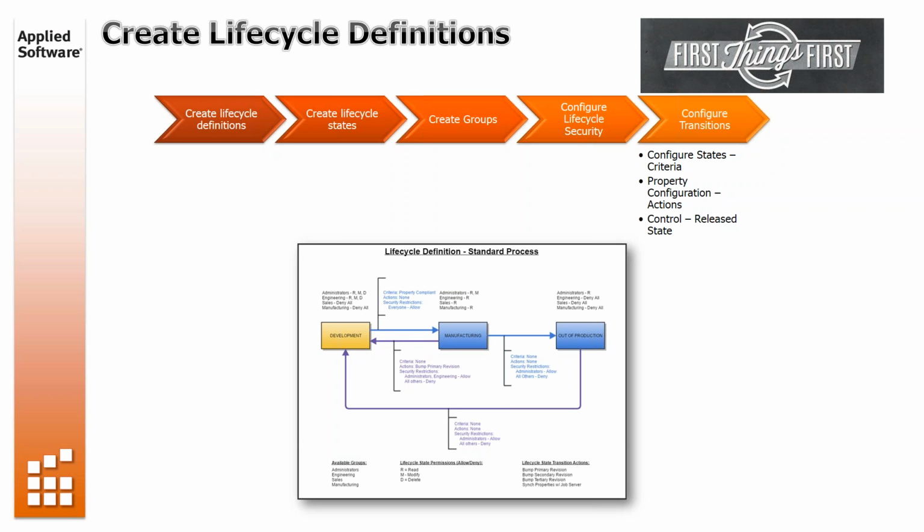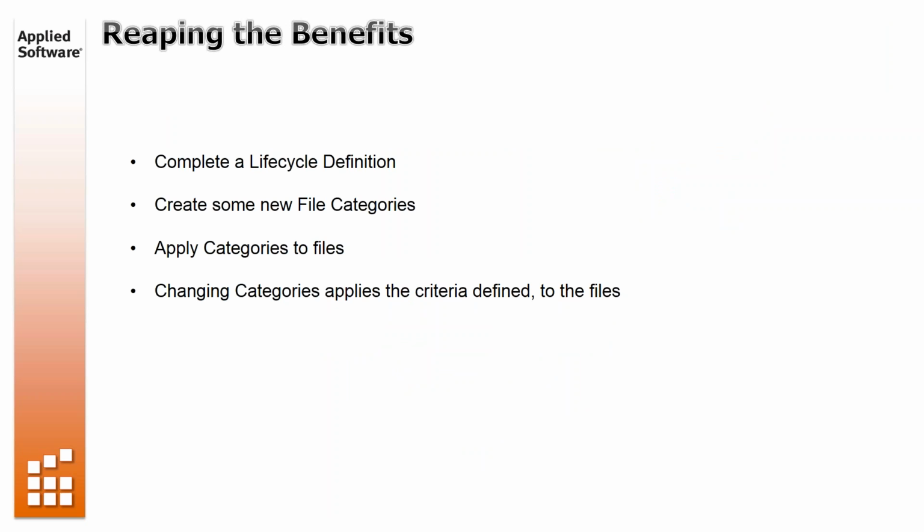So this is a prerequisite in setting up your categories: defining the lifecycle definition and states and understanding and setting up the transitions so that the files, when categorized, behave properly. So when we get this all set up, then we can reap the benefits.